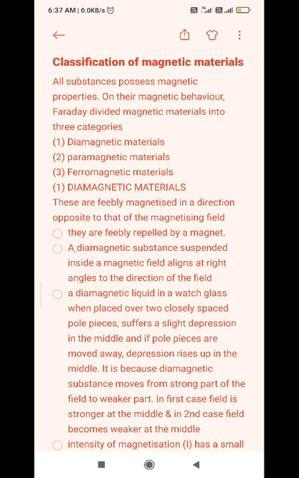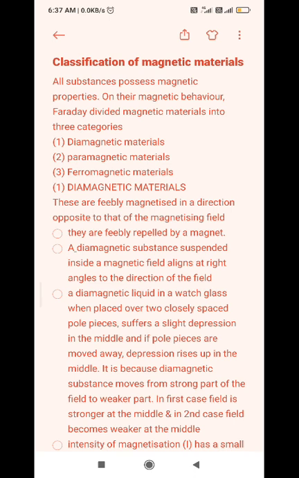And total magnetic moment is zero. Net magnetic dipole moment is zero in case of diamagnetic material, and in case of paramagnet there is some, but in case of ferromagnet there is a large value of net magnetic moment.